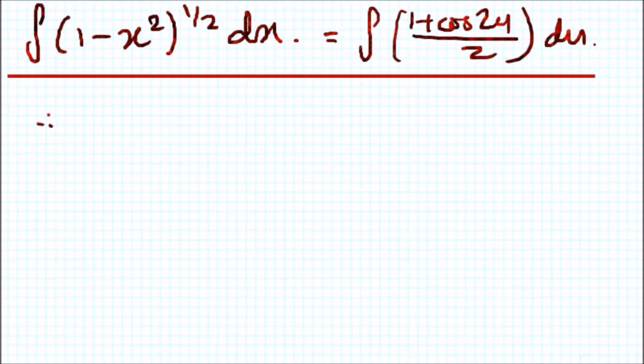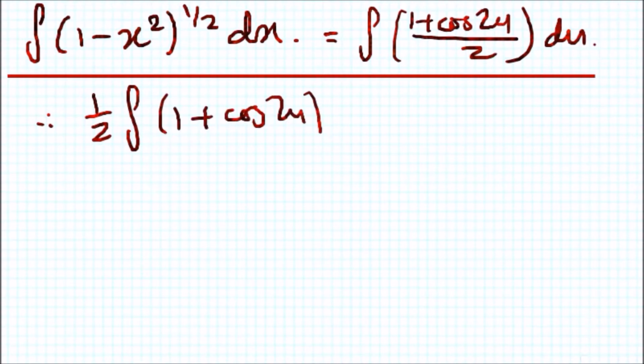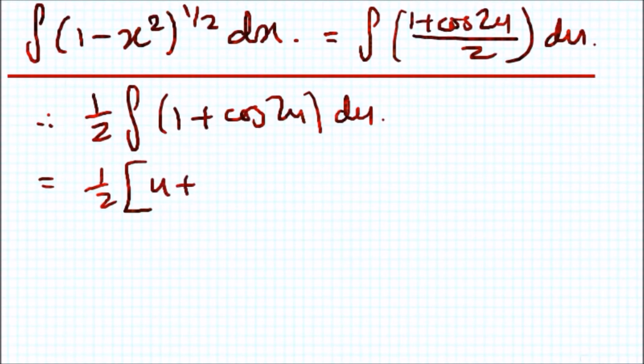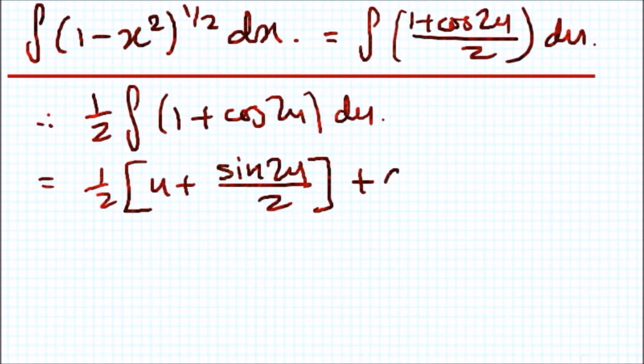So we have half times the integral of 1 plus cos 2u. And this, guys, is basic. So this is going to give us half, and an open bracket, the integral of 1 will be u, plus cos 2u becomes positive sine 2u over 2 because we differentiate inside 2, and then plus c.